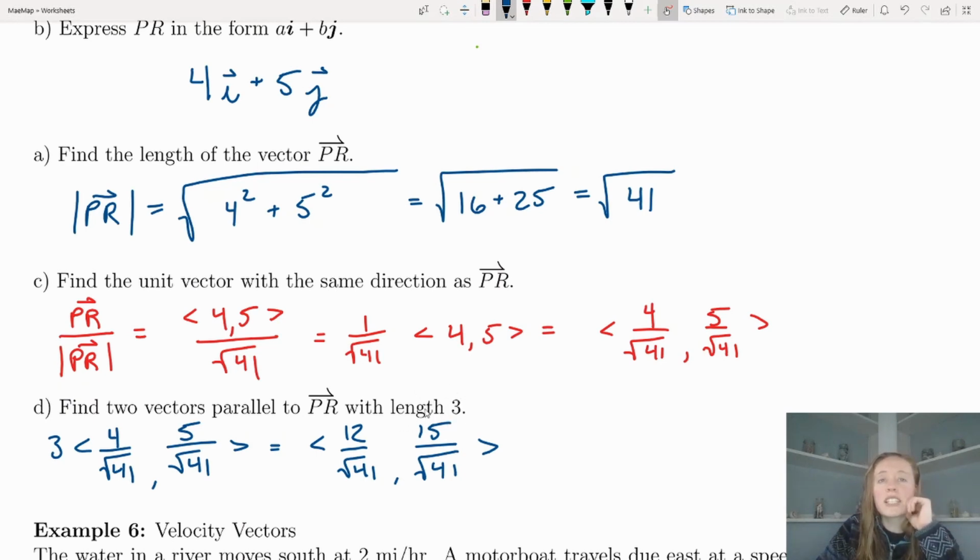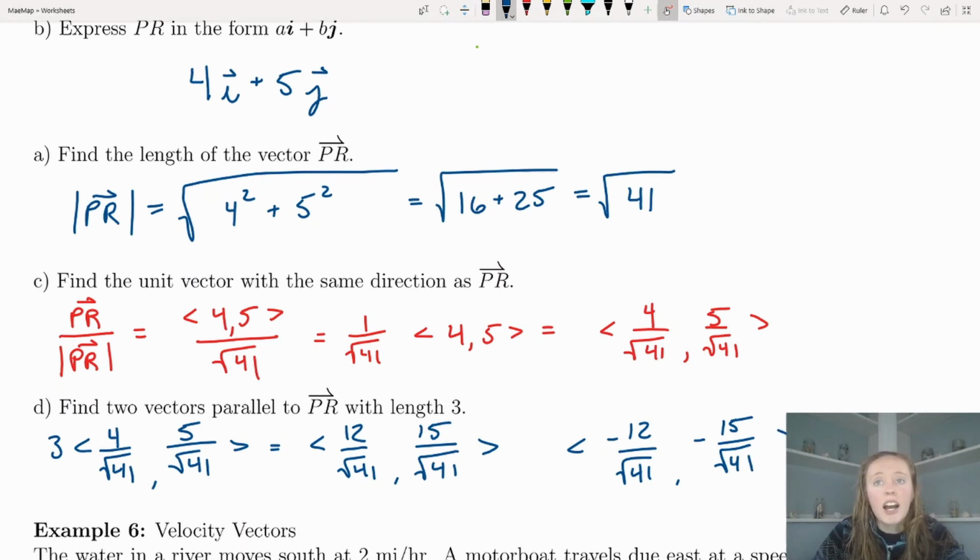We still want that same length of 3, and we also want it to be parallel, so what else can we do? Well, vectors that point in the opposite direction are still considered parallel. So as opposed to multiplying the unit vector by positive 3, let's multiply it by negative 3, because it still is going to be a length of 3. It's just going to be pointing in that opposite direction. So another vector will be <-12 over the square root of 41, -15 over the square root of 41>.